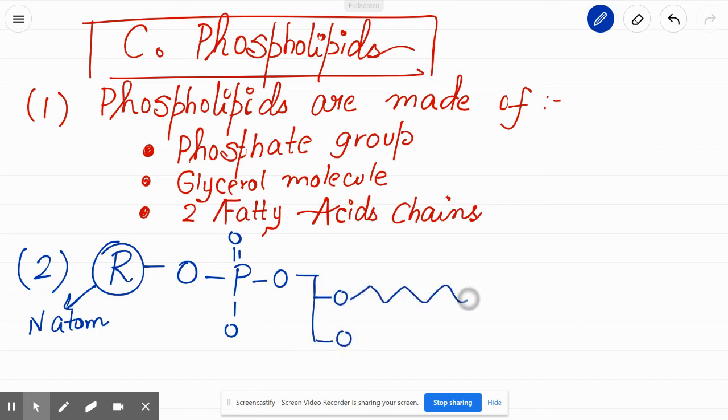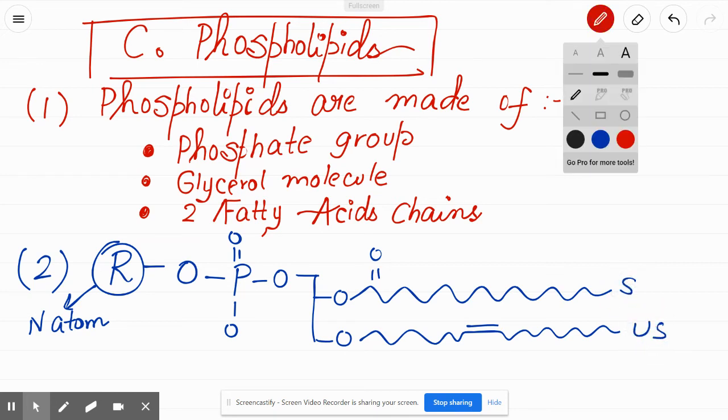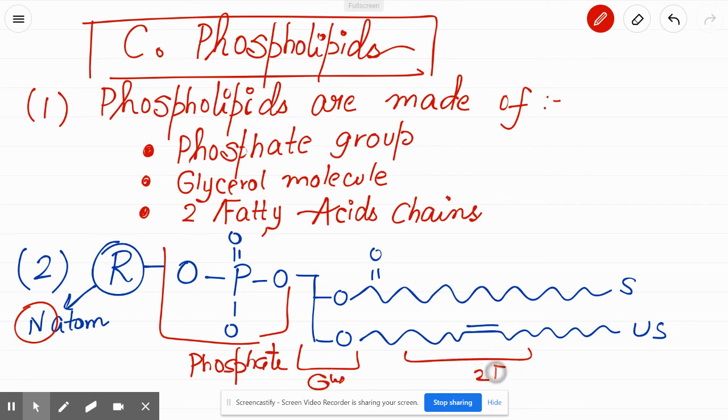And then by now I'm sure you know that this is your saturated fat and unsaturated fat. All right, so one nitrogen atom here. This is going to be your phosphate group. This is your glycerol. And these are your two fatty acid chains. So that's your structural formula.